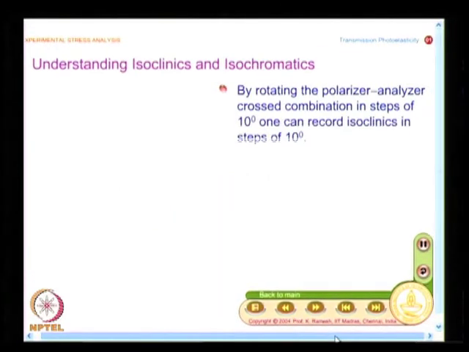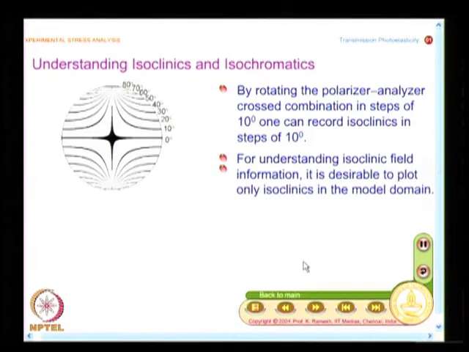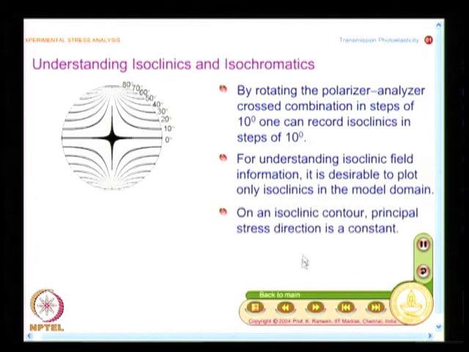Let us look at in what way we can represent these. I rotate the polarizer analyzer crossed combination in steps of 10 degrees. One can record isoclinics in steps of 10 degrees and plot them.